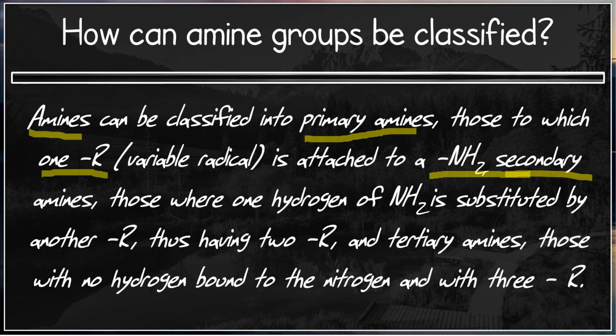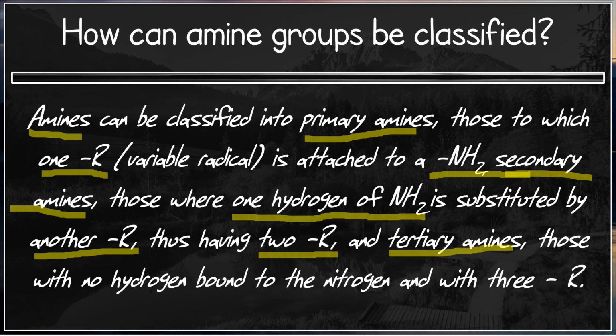Secondary amines are those where one hydrogen of the NH2 is substituted by another R, thus having two R, which are variable radicals, and the tertiary amines are those with no hydrogen bound to the nitrogen, with three R's.